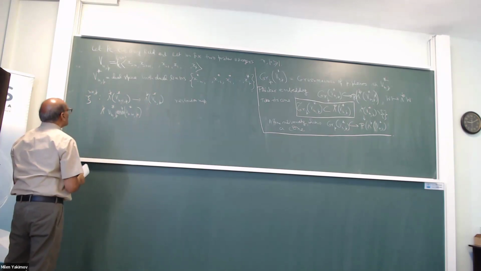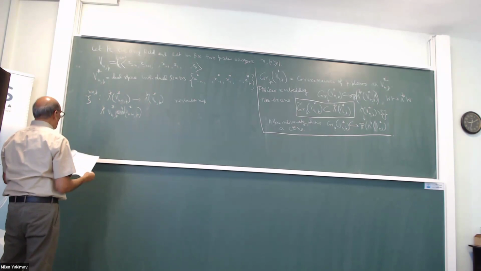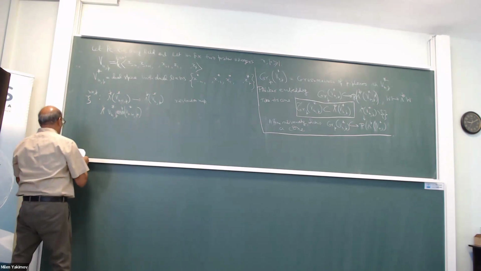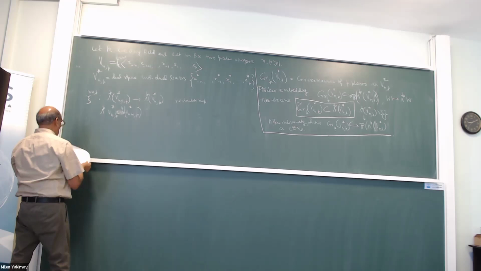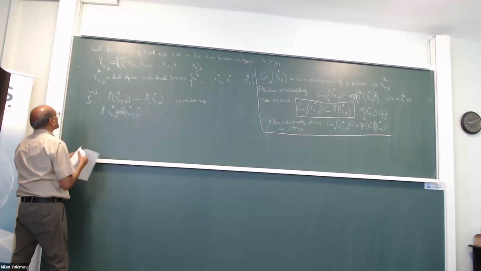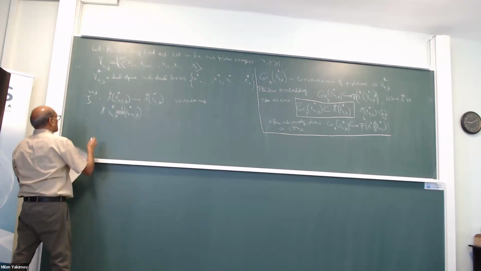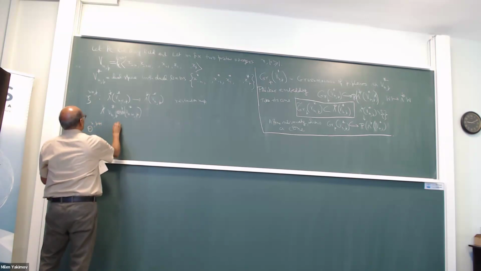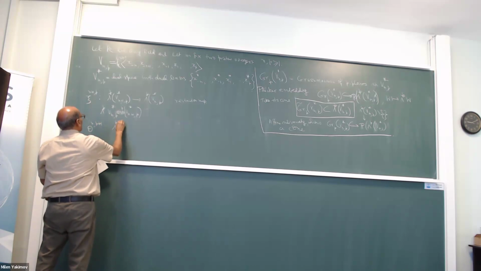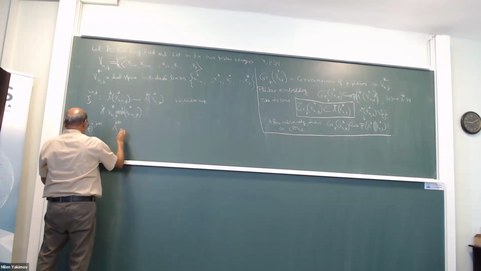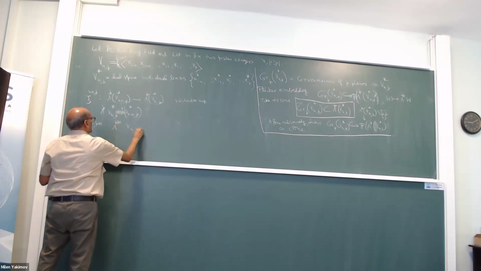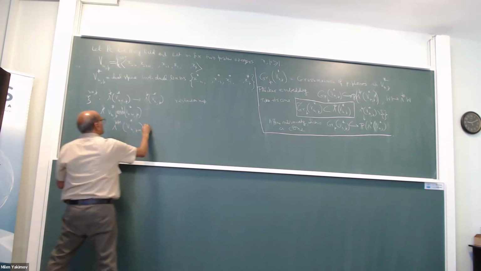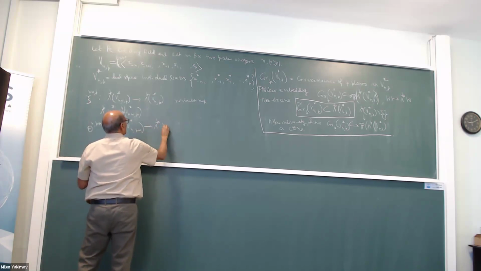And then there is this contraction map. So I'm going to denote the contraction map, to be consistent, by theta_{p+1}. And that takes the exterior power of V_n ⊗ P_{p+1} to the exterior power of V_n ⊗ P*.